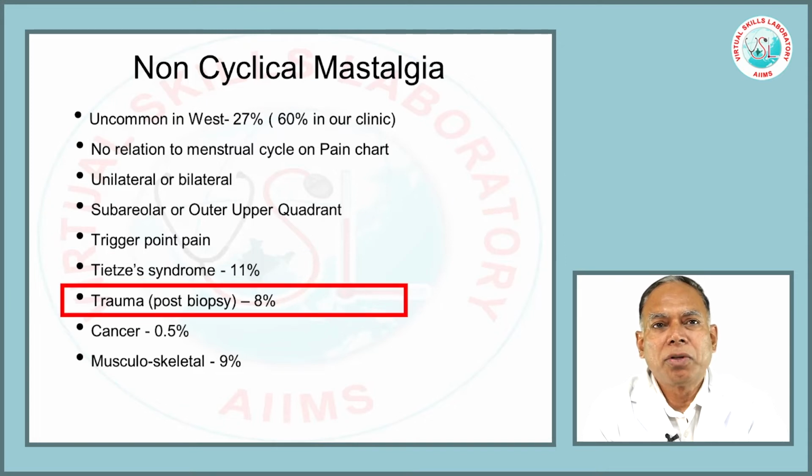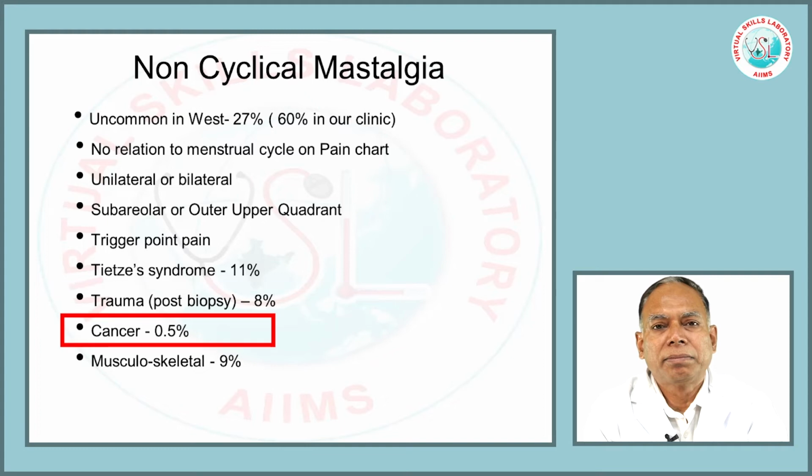Sometimes after trauma to the breast or following biopsy of a breast lump, there may be some fat necrosis and pain may last for a significant period of time, and this again presents as a non-cyclical breast pain.